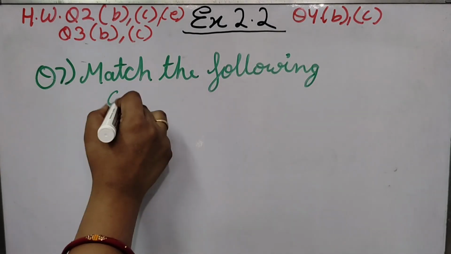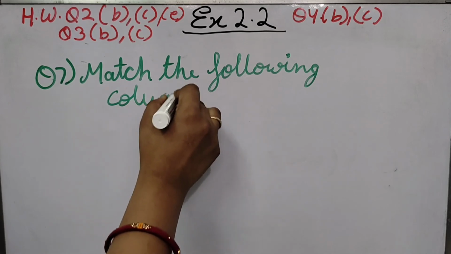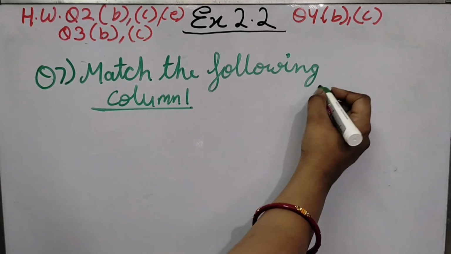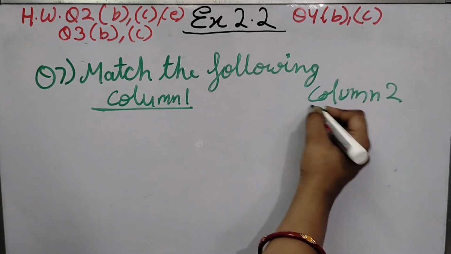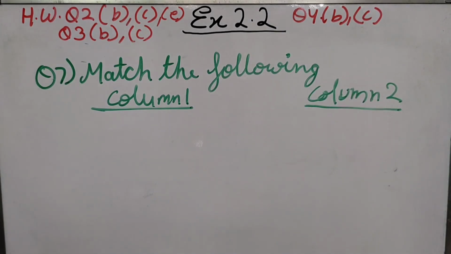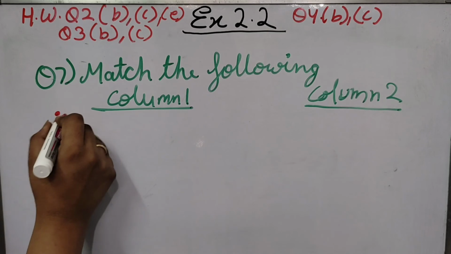So, in column 1 and column 2, we have some terms and properties.